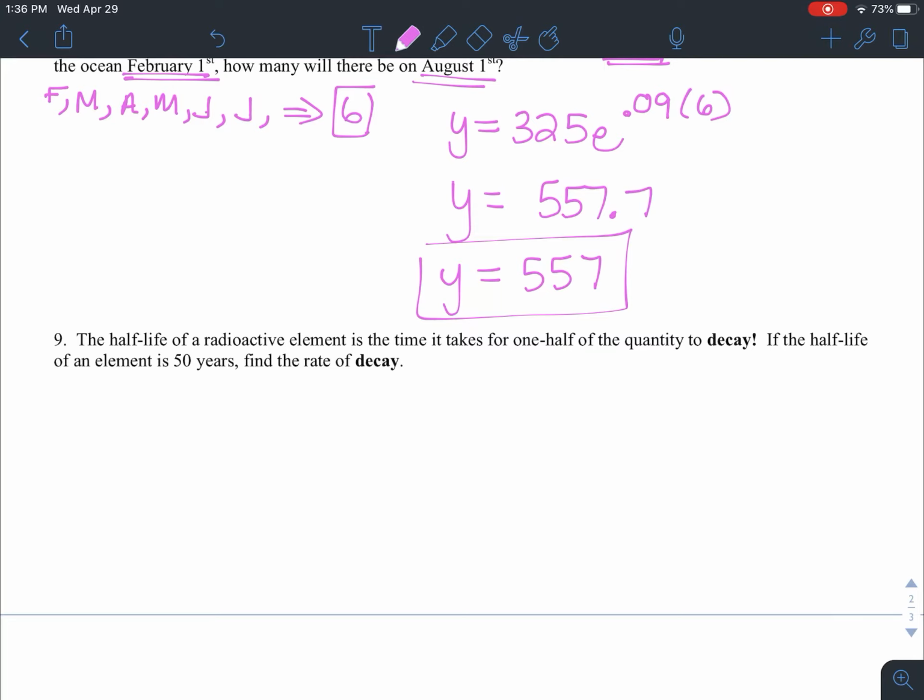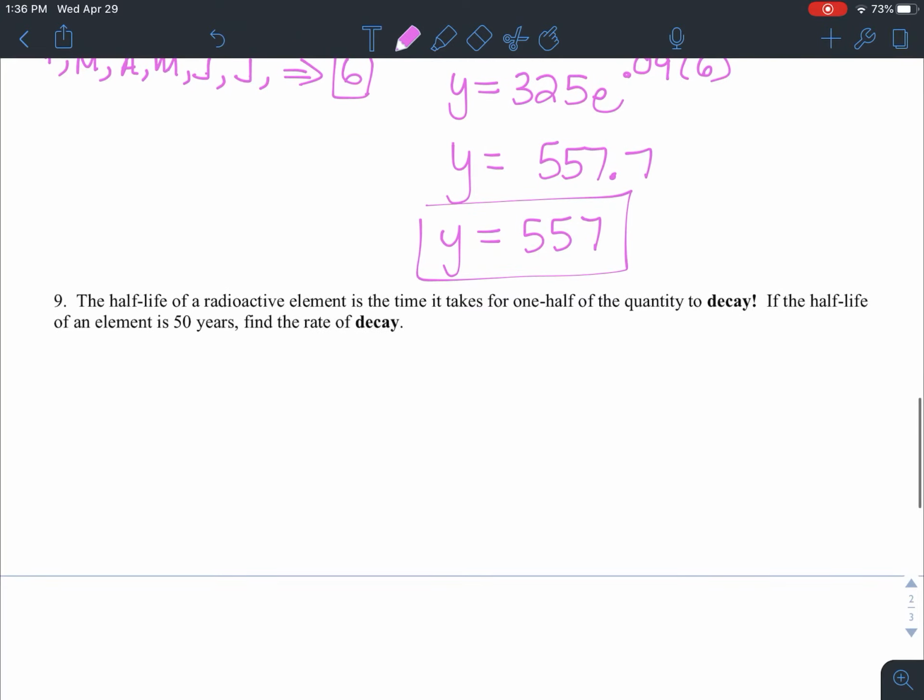Last one, going back to your science class. The half-life of a radioactive element is the time it takes for 1/2 of the quantity to decay. Decay means your rate is going to end up being negative. If the half-life of an element is 50 years, so it's telling us our time, find the rate of decay.